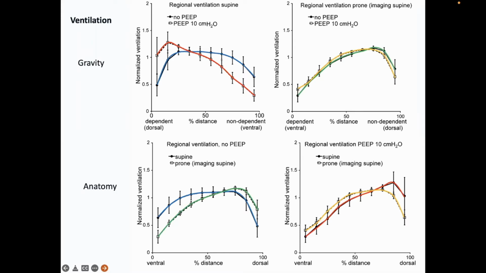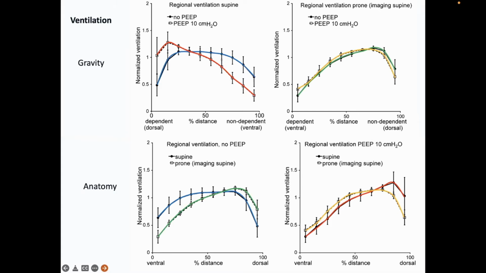Now the graph, unfortunately, the way they published it, has a different direction. You see that the ventral is on the left side of the graph in the right panel, and the ventral is on the right side of the graph in the left upper panel. So you can see that the two of them in prone position, 0 PEEP and 10 PEEP, look sort of similar to the blue one on the left-hand side. Okay, does that make sense?